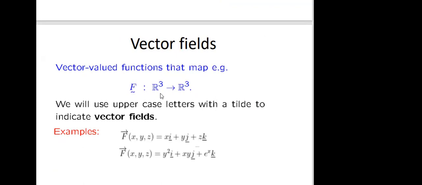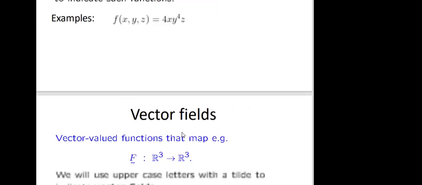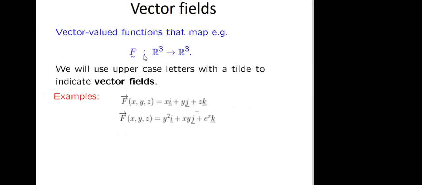Earlier, the input was a vector and the output was a scalar. This time, input and output both are vectors. These are a couple of examples of vector valued functions.